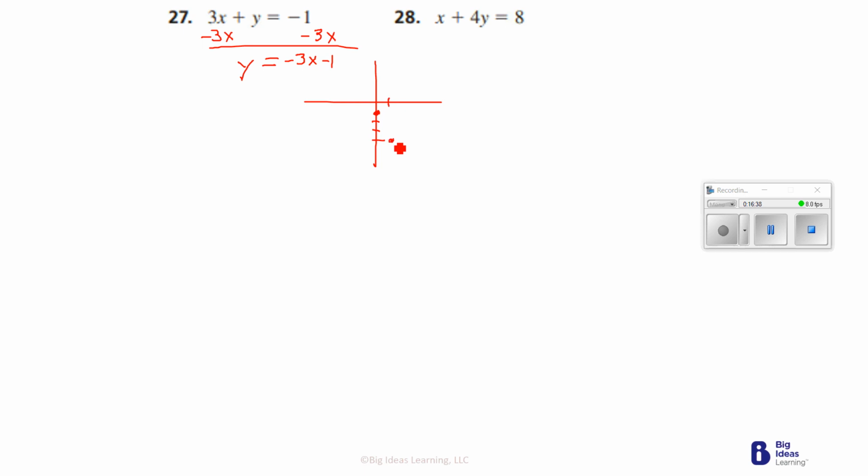So my line should be like this, which means it's going to cross through my x. Well, think about it. If I go up 1, 2, 3, and then over 1, that's going to put me here, which means I'm probably going to be at about negative 1/3 as my x.